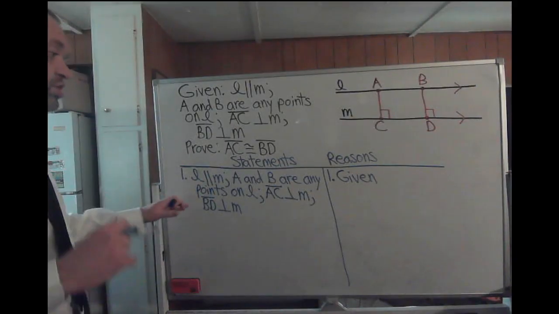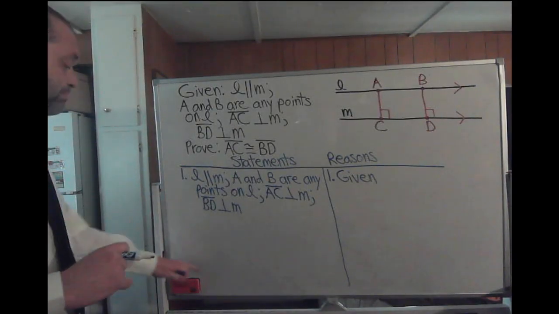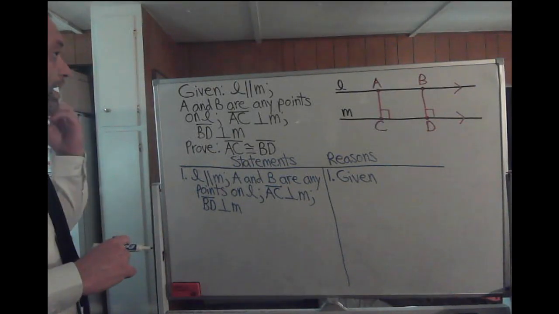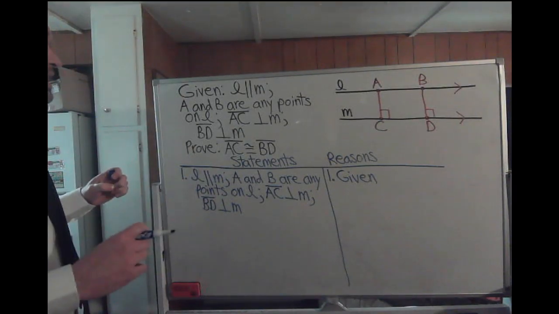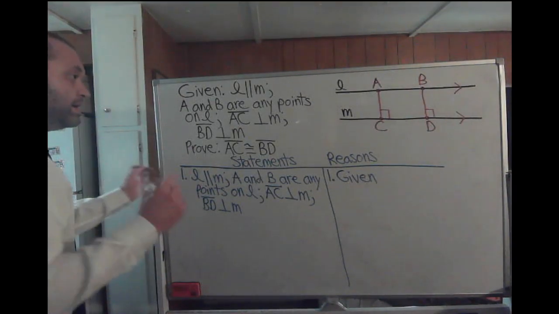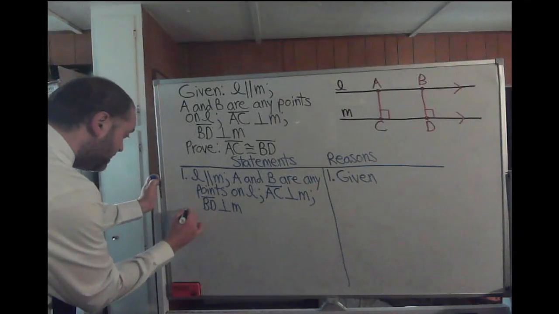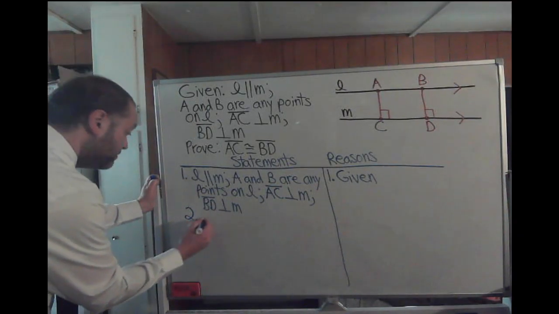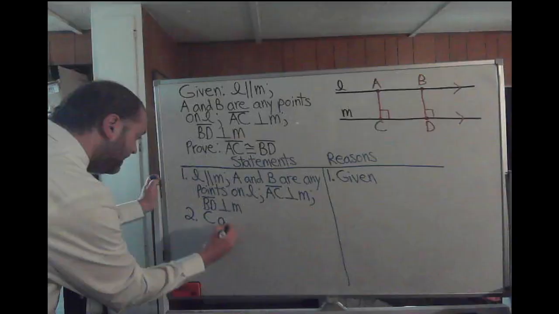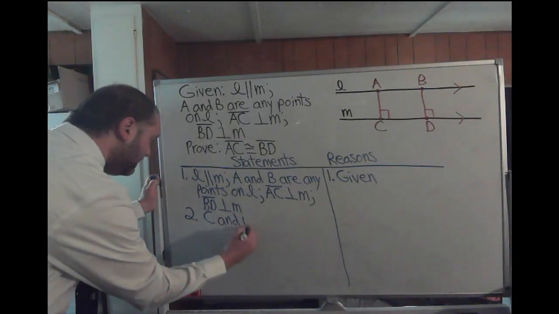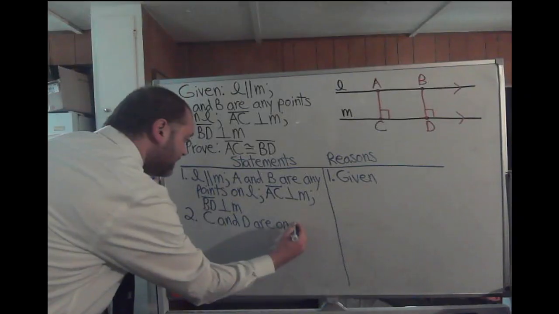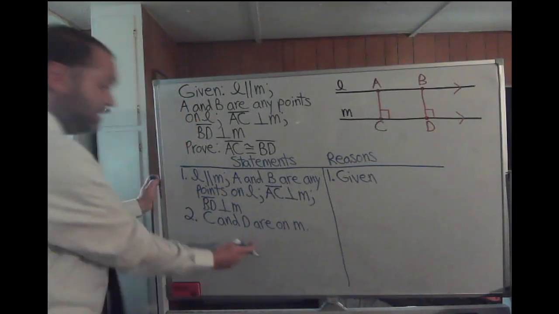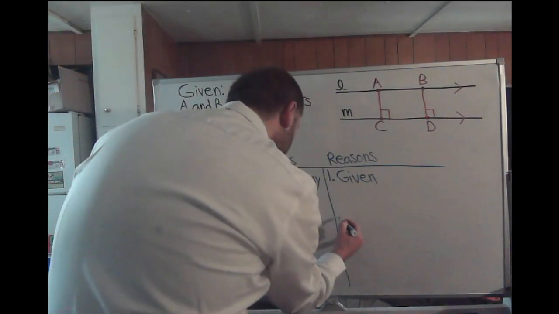So what do we do with this given information? Well, we can also say that for step 2, C and D are on M. That was also given to us in the diagram.